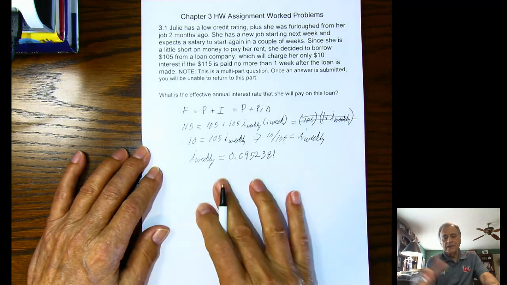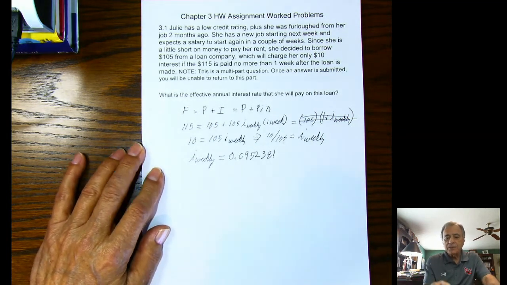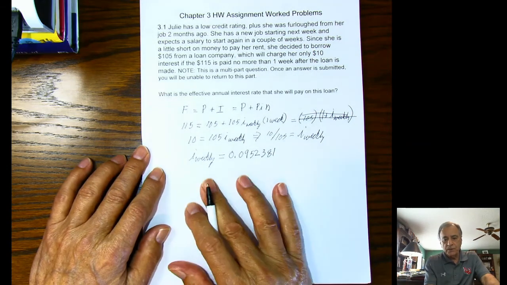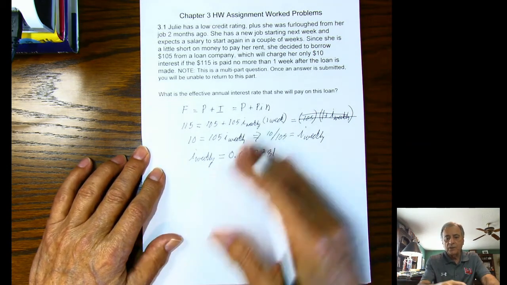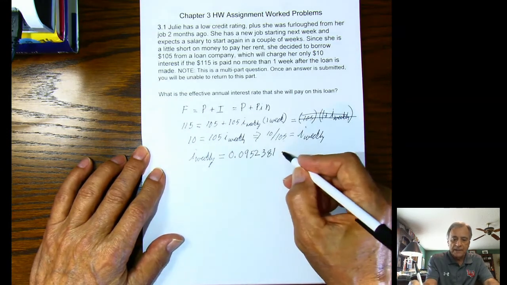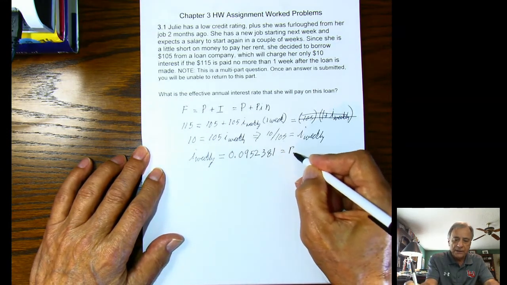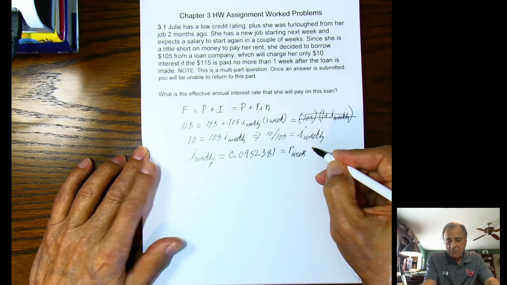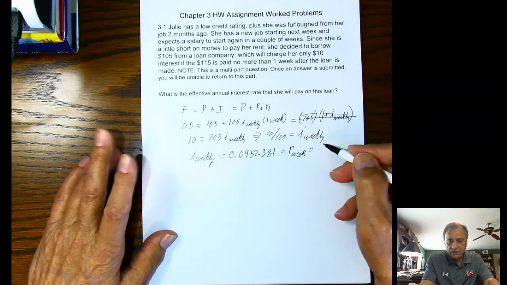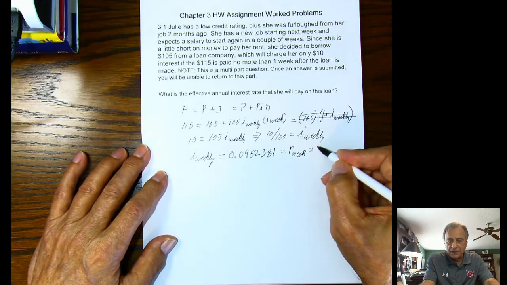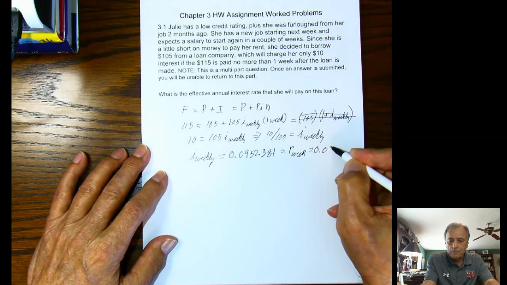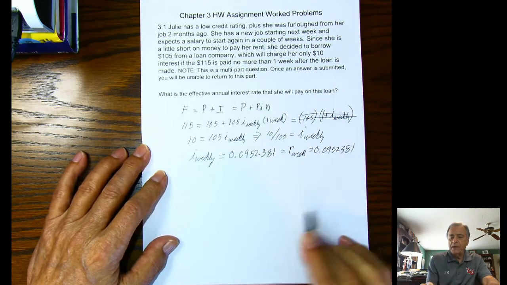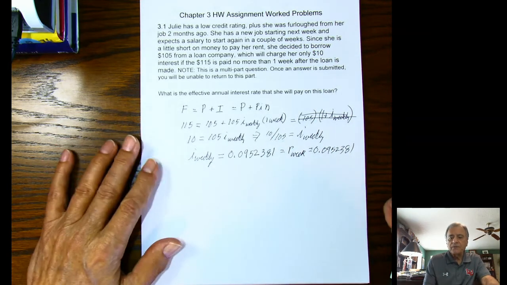So the I weekly is roughly 9.5%. But since that's the weekly rate and we're only dealing with 1 week, we're going to let that be equal to our R weekly as well. Remember, the R is the nominal rate. But since there's really no compounding, the nominal and the effective are the same. So the nominal rate is also 9.52%.